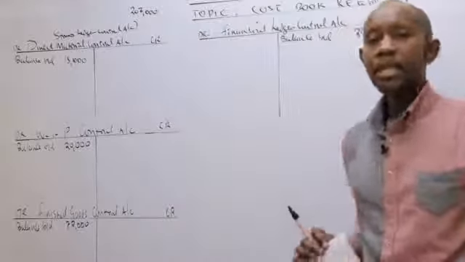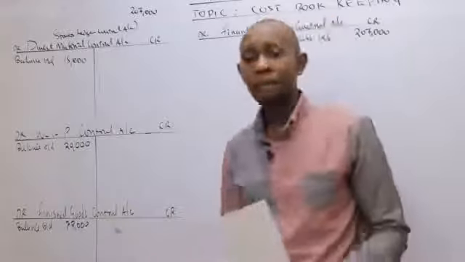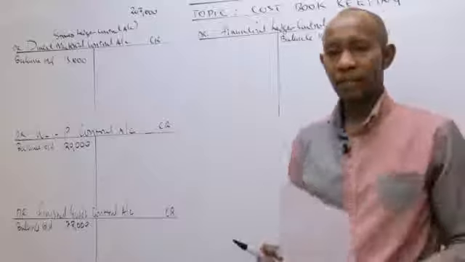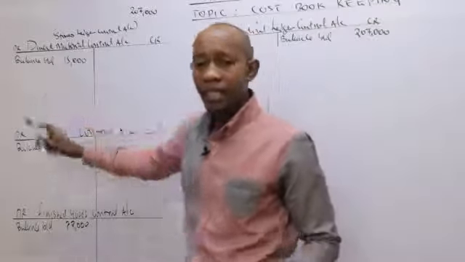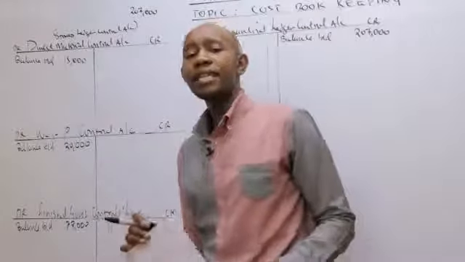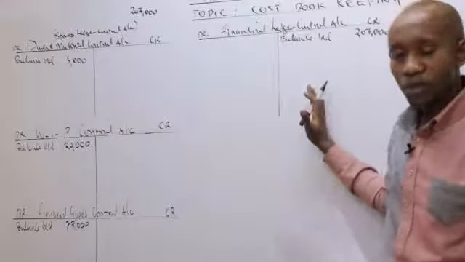Now I said this is a must-know account, how to prepare this one, and it will only involve two transactions. One is when we purchase material, we debit this account, and then complete the double entry in the financial ledger control account.